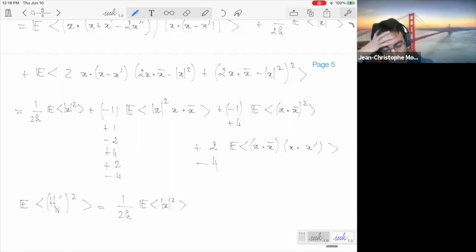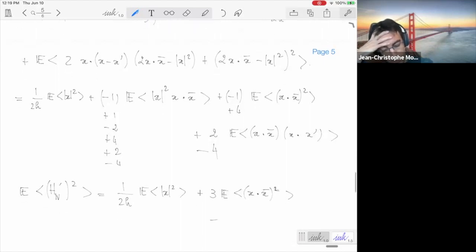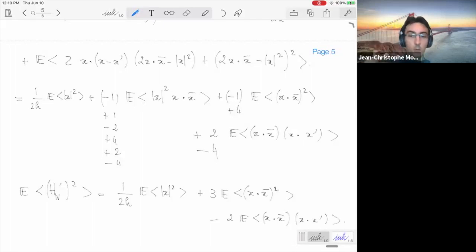Then 0, then +3 expectation of x dot x bar squared minus 2 times the expectation of x dot x bar, x dot x prime.